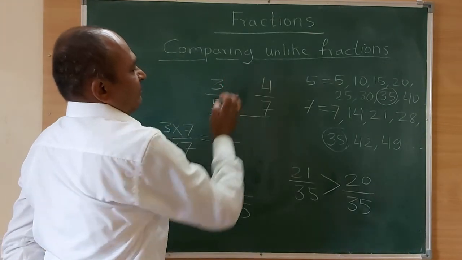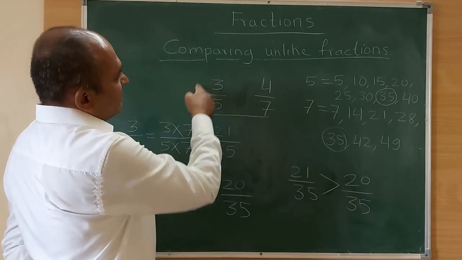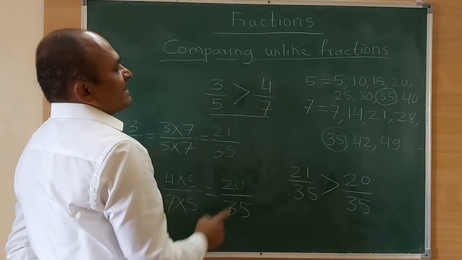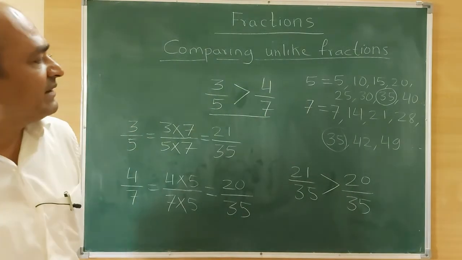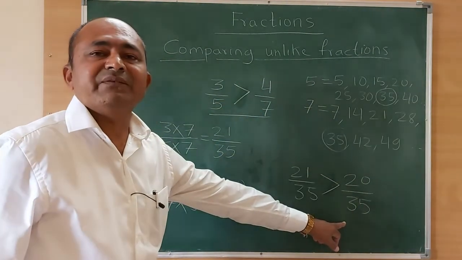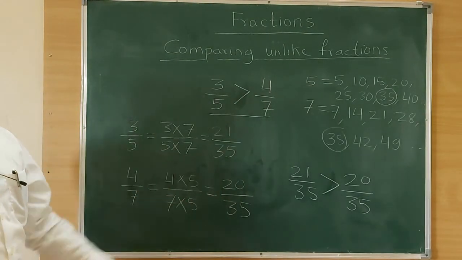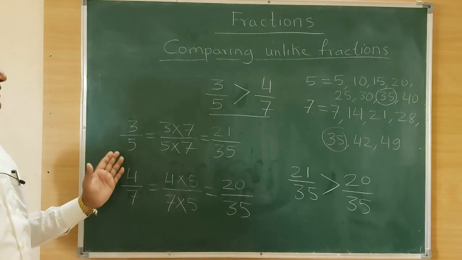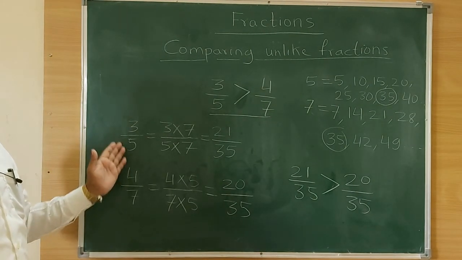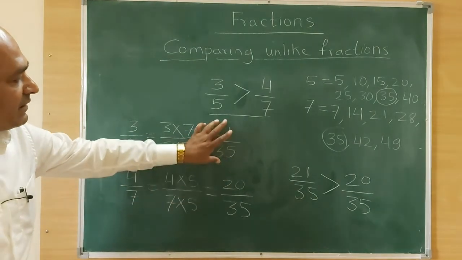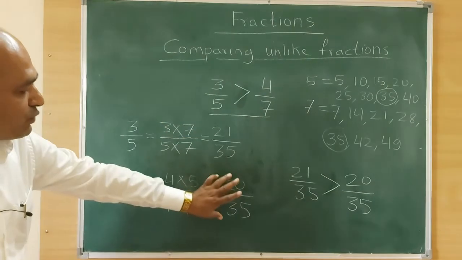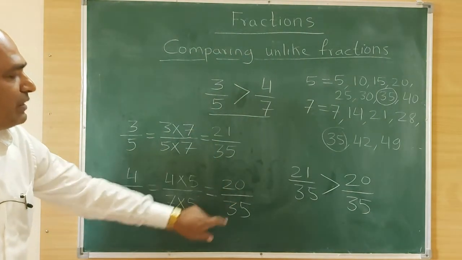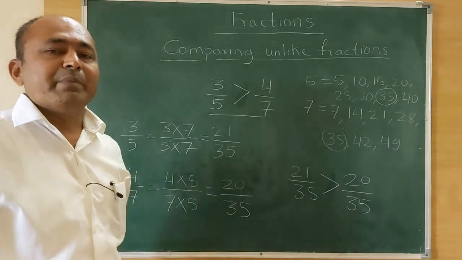So now 21 upon 35 means 3 upon 5. So that's why 3 upon 5 is greater than 4 upon 7. 4 upon 7 means 20 upon 35. So in this way, if the fractions are unlike fractions, first we have to convert them into their equivalent fractions, so we get like fractions, that is fractions with same denominators, and then we have to compare them.